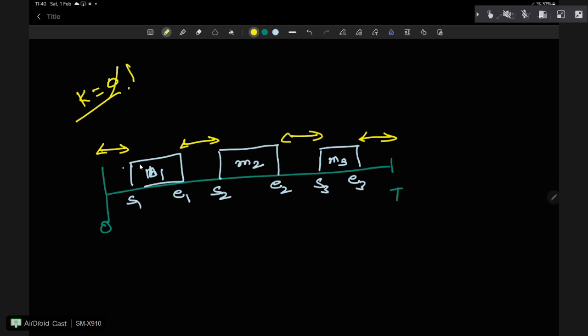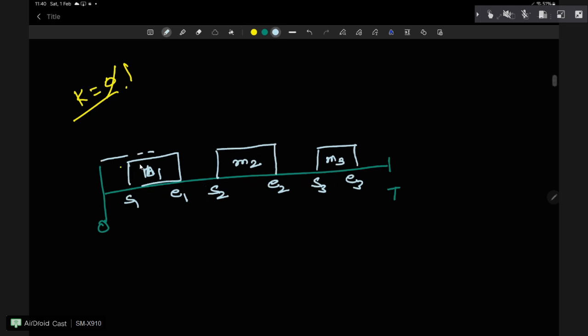Suppose k is 1. In that case, we can move blocks either to the left or to the right. So we can move this block to its left, like it would start from 0, like S1 and E1. Then the answer could be this block, this block, or this block.